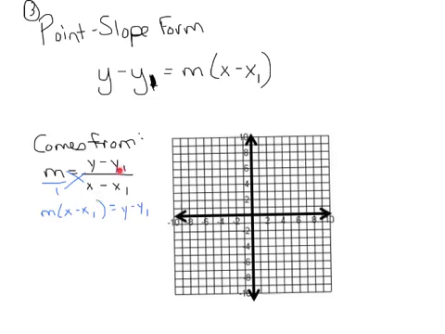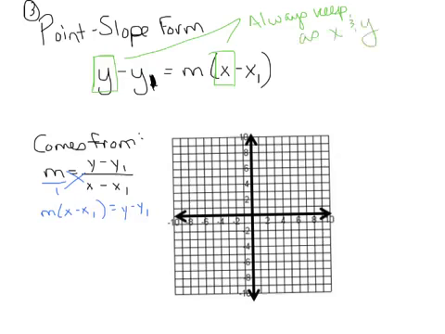So in this equation, what's important to realize is this y and this x always stay. I'm never going to plug anything else into the equation for that x and y. They will always stay as y and x. Okay?